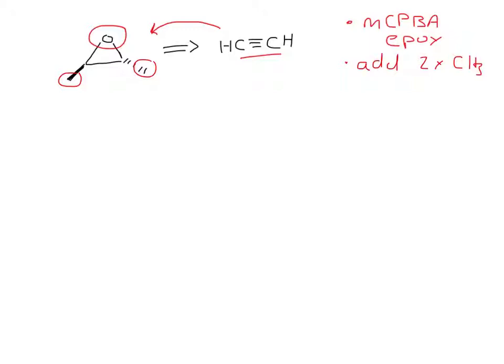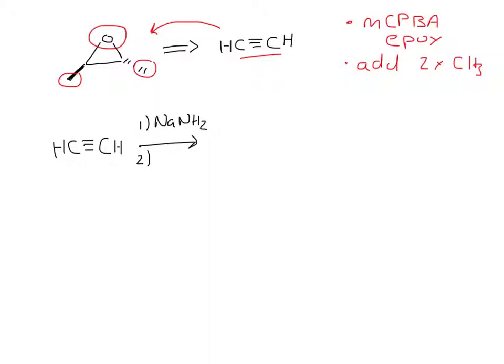So the way we can go about doing this, well, we know we can easily add carbon chains to alkynes through nucleophilic substitution. So if we take our alkyne and we treat this with base, we can form the negative charge on this alkyne carbon, which makes it a nucleophile.